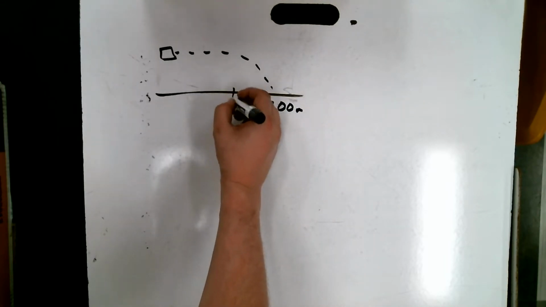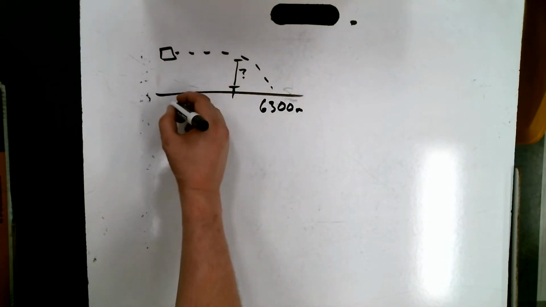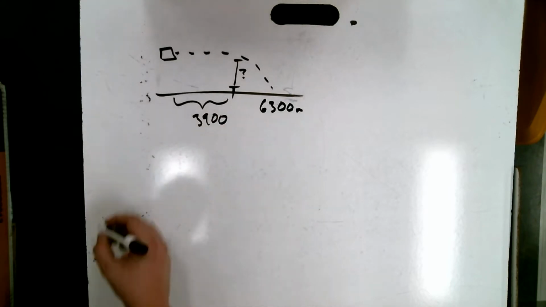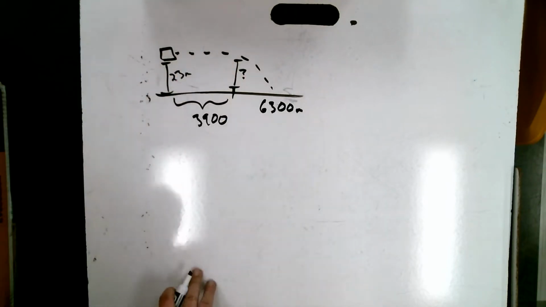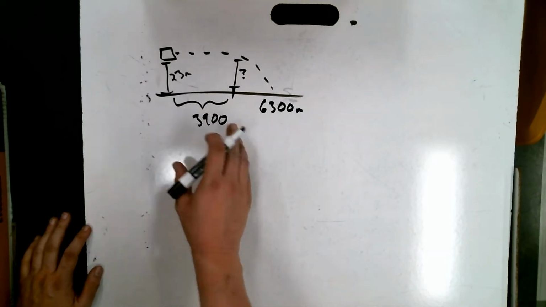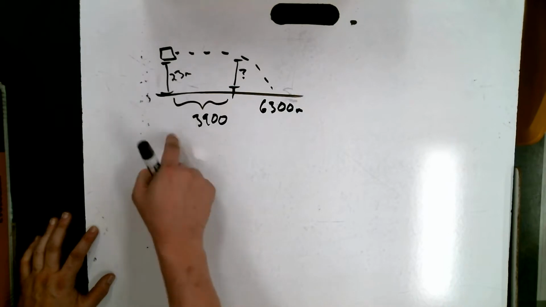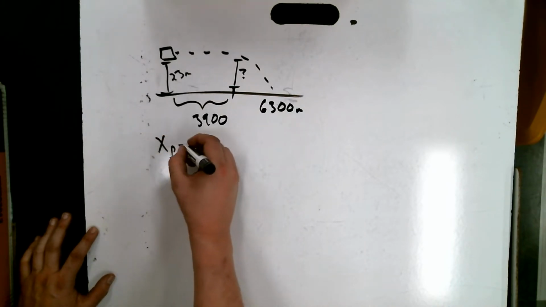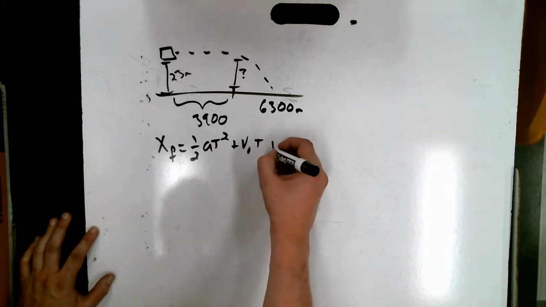I wanted to know what is the height here at a distance of 3,900 meters. We know it's got to be less than 23 meters, but not how much. So we're going to figure out how long does it take to get here. Well, this is a horizontal motion. So my position is equal to 1/2 a t squared plus v naught t plus x naught.